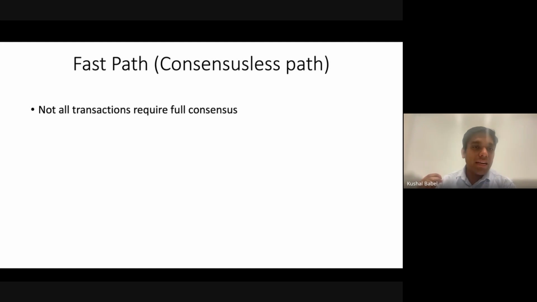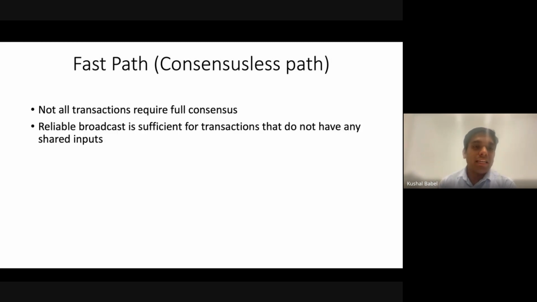And this insight is not unique to this work. There has been some prior work in this direction, following from FastPay, Zeph, and so on, which makes the insight that you don't need all transactions to undergo consensus. So transactions that do not have any input that is shared by multiple users, you can actually work with a much less expensive primitive than consensus.